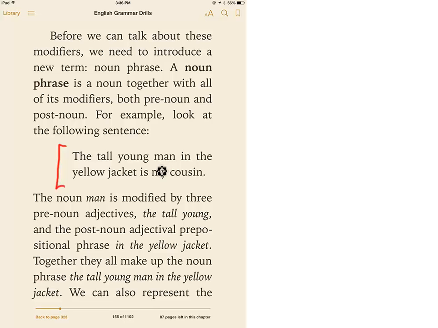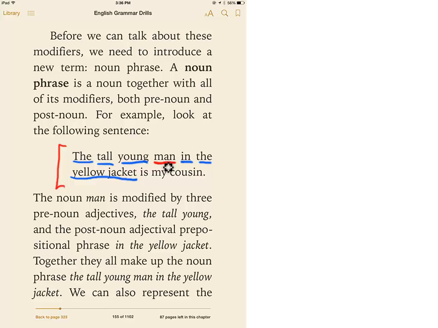Well, man is the noun, and then the pre-noun modifiers, the man, tall man, young man, those are all pre-noun modifiers. And then in the yellow jacket also modifies the noun, and we call this a post-noun modifier. In the yellow jacket tells which man, so it talks about the noun, so that's a post-noun modifier. Now a noun phrase is the noun here, man, and all the other words that modify that word. That's the entire noun phrase.